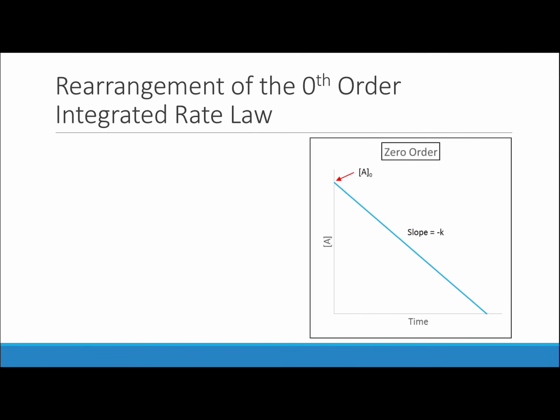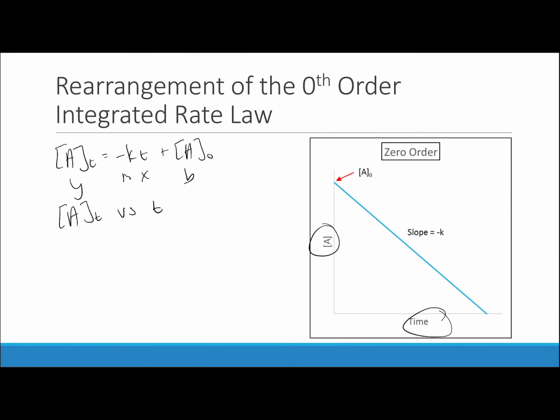So very easy to use. And of course we can rearrange this. If we rearrange to get A_t is equal to negative kt plus A naught, we get a linear relationship between A_t versus time. So here we're looking at just concentration versus time.